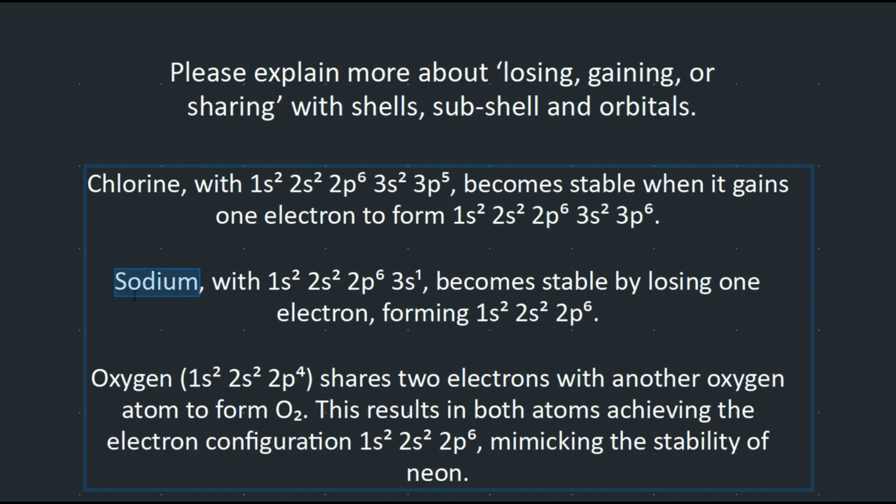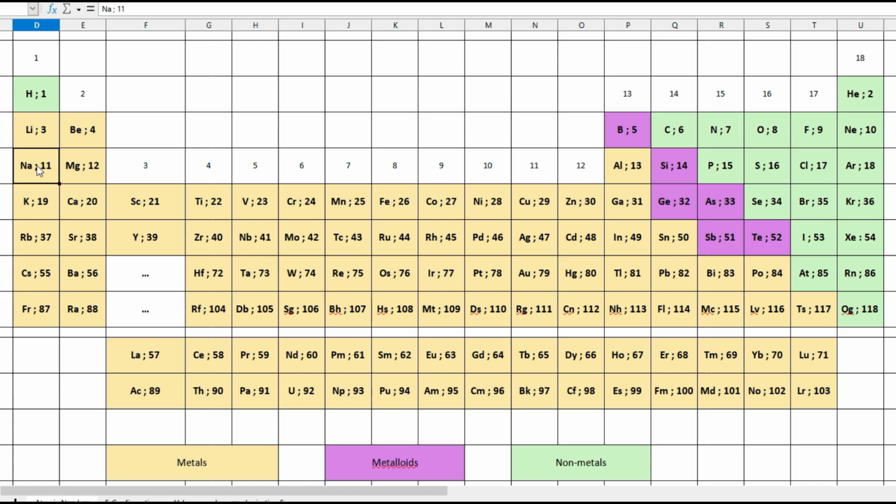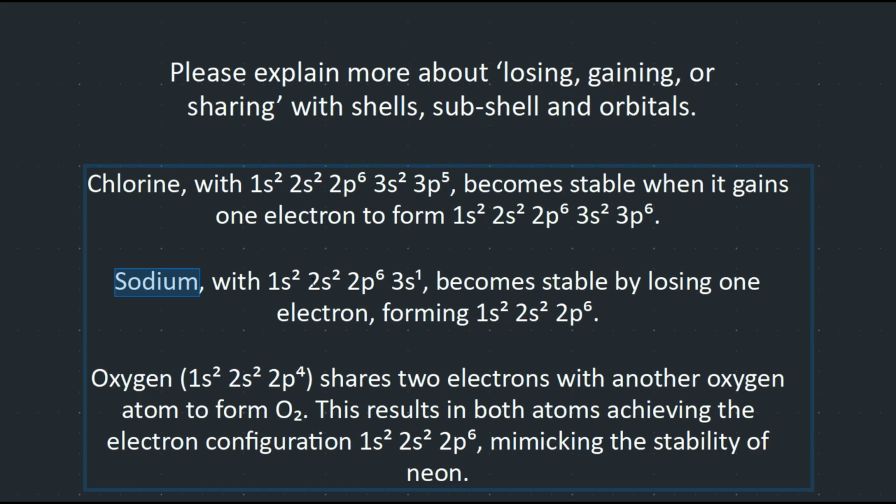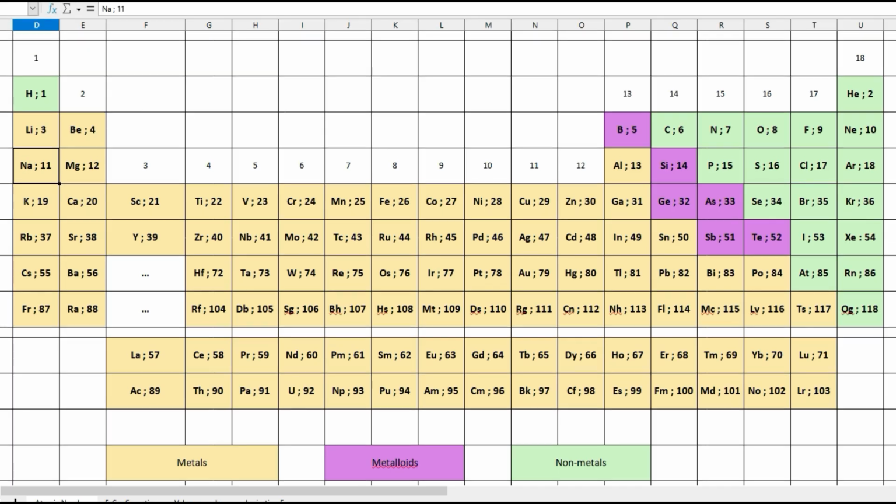Let's look at sodium. Sodium will be here, right? And its configuration is 1s2, 2s2, 2p6, 3s1. So here we are. A step ahead is what we have, and now this is over here. Remember, obviously, atoms will not see the periodic table. They don't have a periodic table.